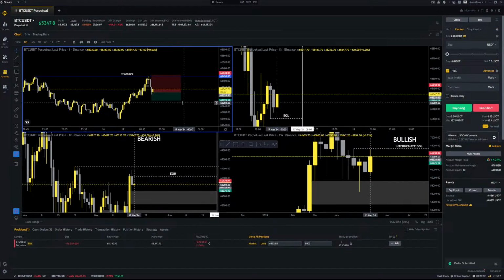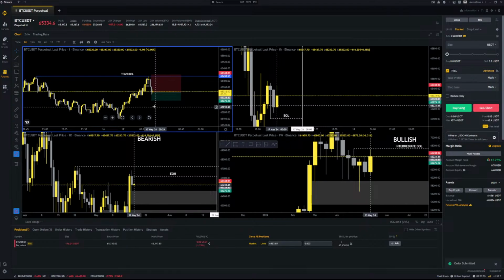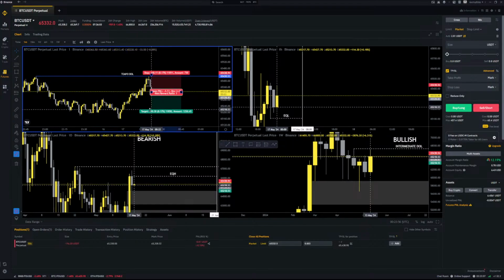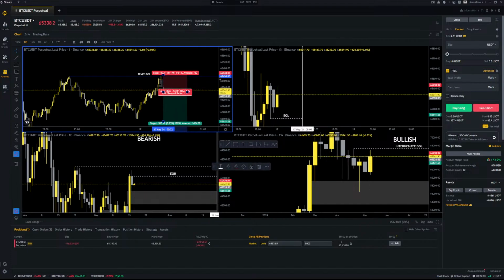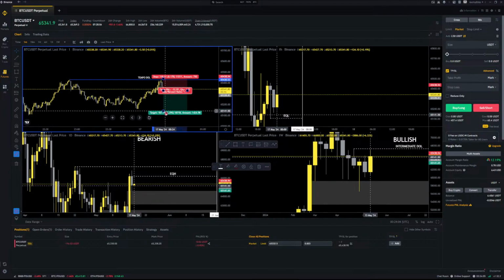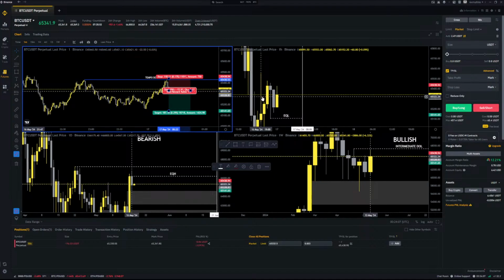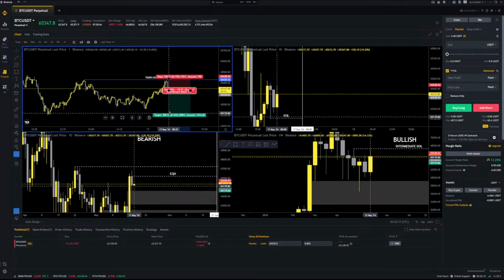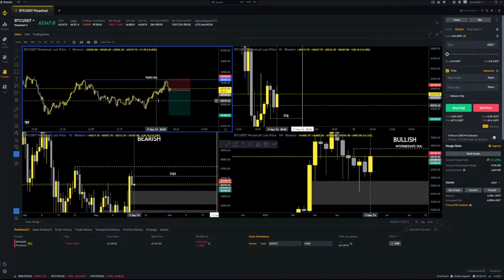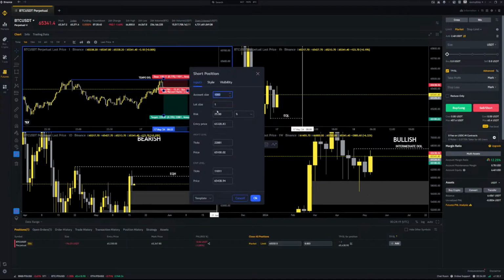Confirm. Then take profit 1 to 2. Just stick to the plan. 1 to 2.